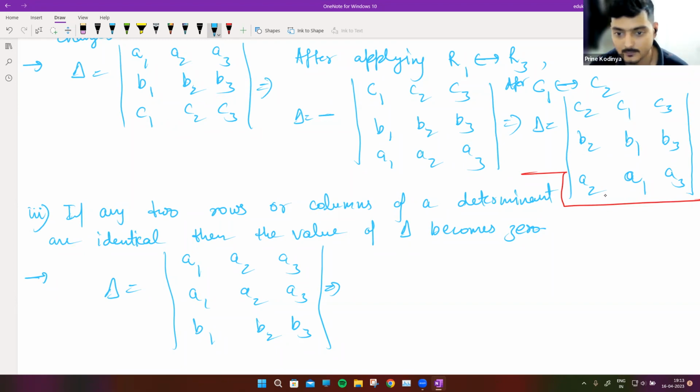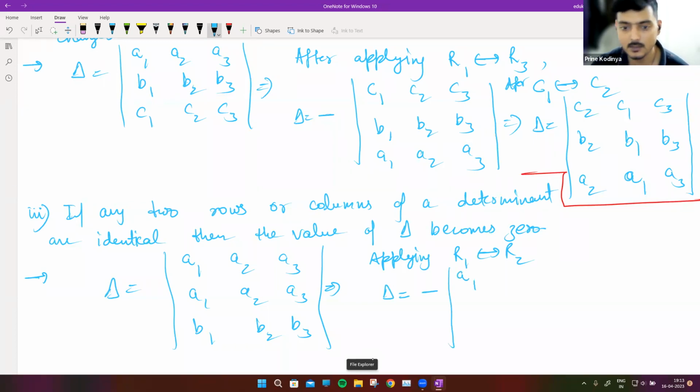So I'm applying row 1 interchanged with row 2. So this was delta. Now I'm interchanging row 1 with row 2, so I'll have to put a negative sign. Correct? Now when the first row and second row are interchanged, you get the same determinant.